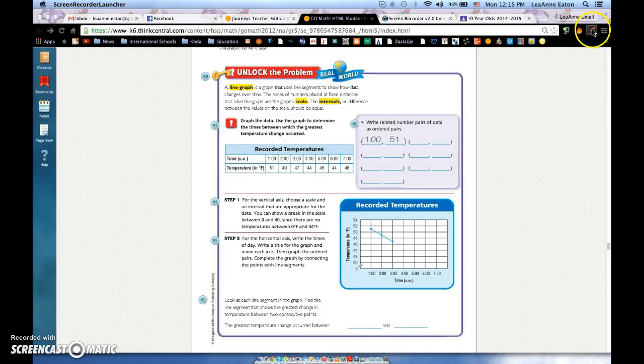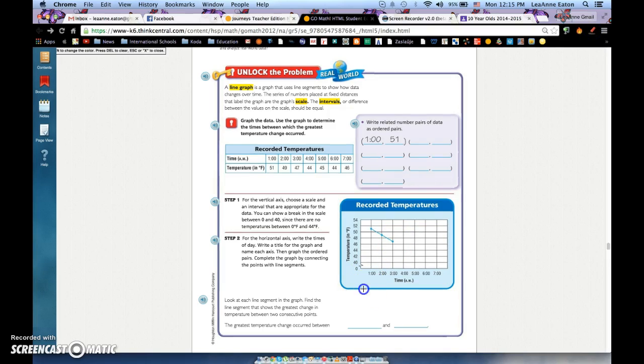Remember, we talked yesterday about how the x-axis is always going to be the intervals, and the y-axis is always going to be the measurement. When you're making a line graph, you only draw the lines between the data points when you're tracking changes over time. So remember yesterday we looked at the kid's height and we said how tall he was when he was 1, when he was 2, when he was 3, when he was 4.